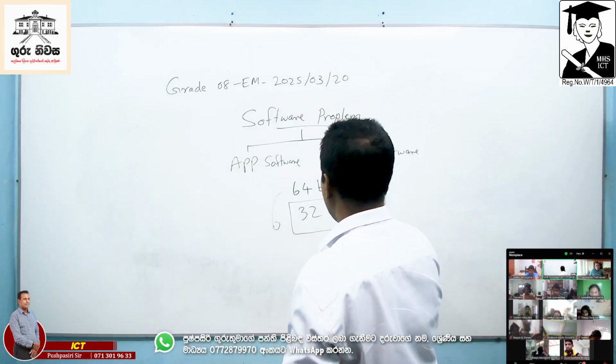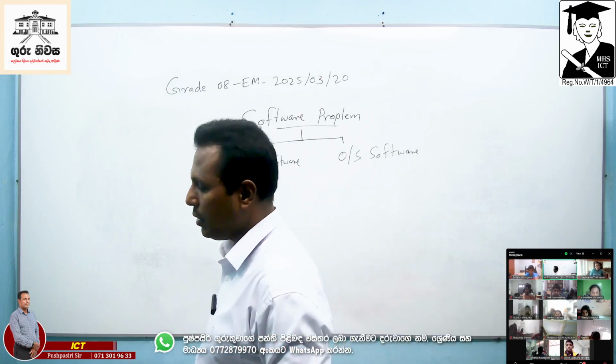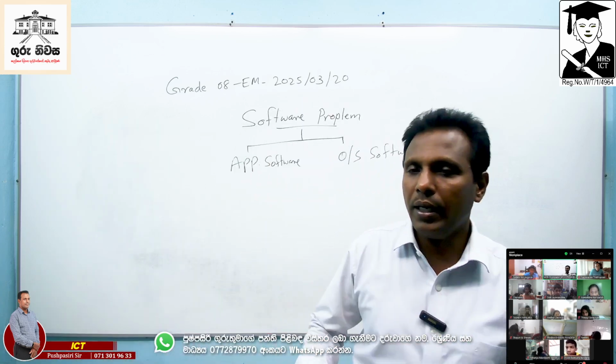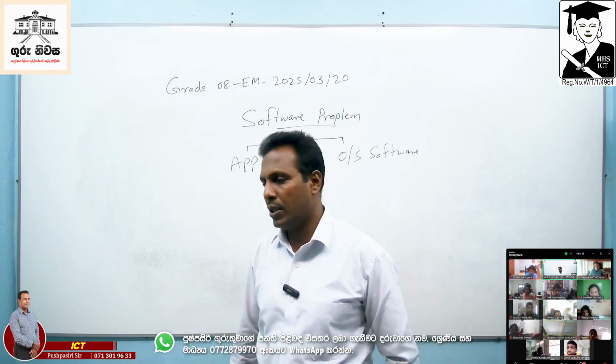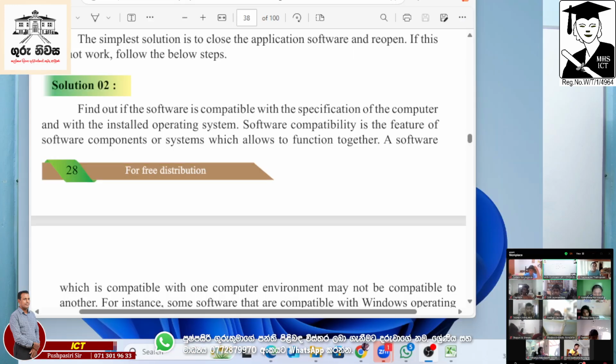You go to This PC on your desktop, right click on it and go to Properties. It shows which version your computer is. I'll show you how to see that.